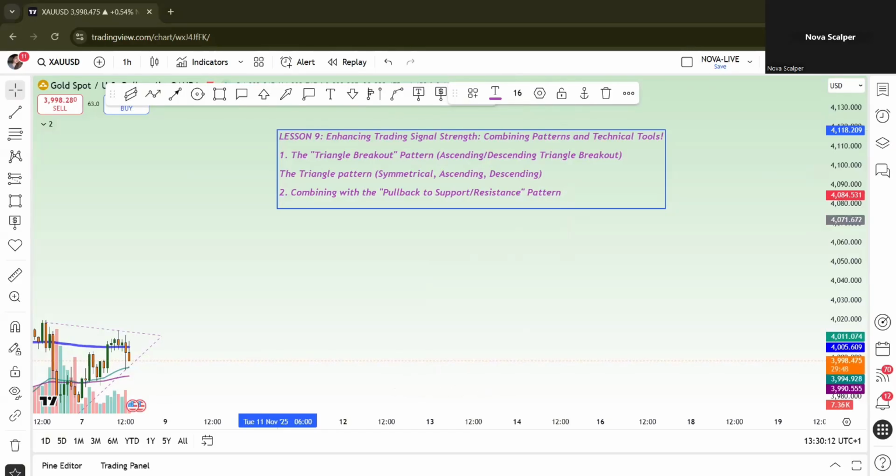Supplementary signal: after price breaks through a significant level, such as the triangle's resistance line, there is often a pullback, like I just shared with you, to retest the level that was just breached.